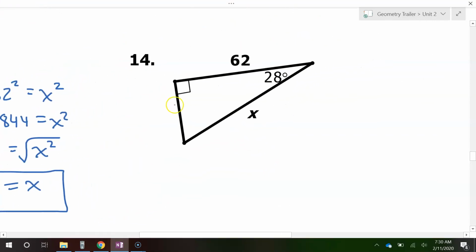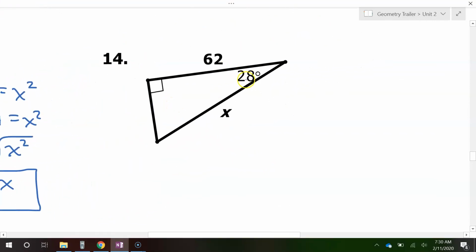So let's see what's up with number 14. Notice now we have an angle again. So as soon as I see the angle, I know we're back to SOHCAHTOA, unless we're just being asked to find the other angle.